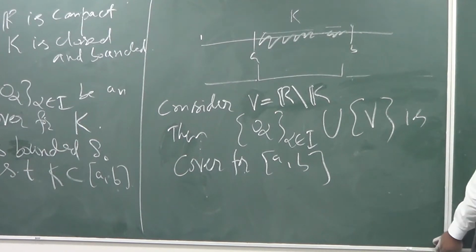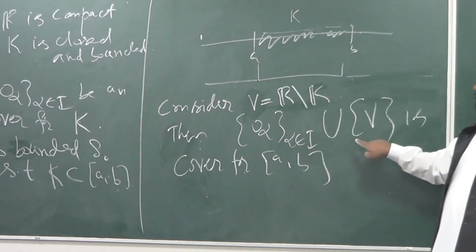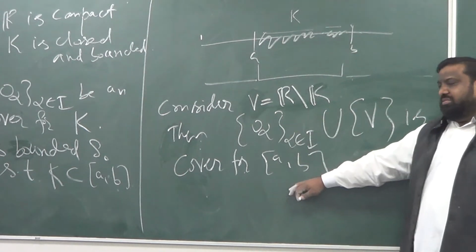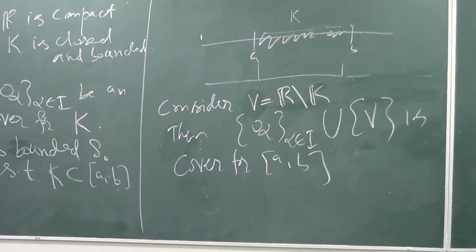Not necessarily R? No, it is going to cover the whole of R, because this is covering K and V is covering R minus K. So it's covering the whole of R. Hence, in particular, it is going to cover A to B as well.